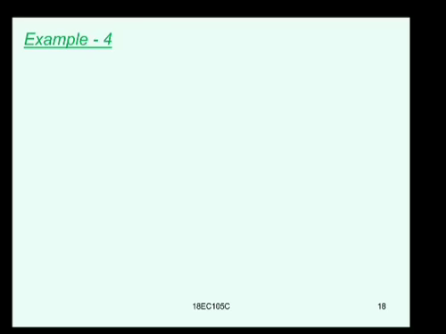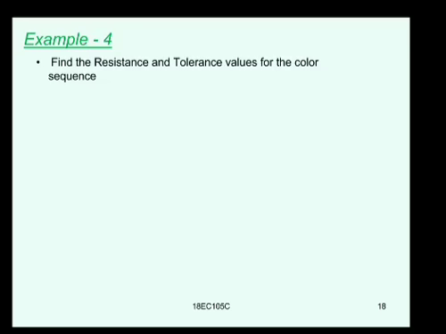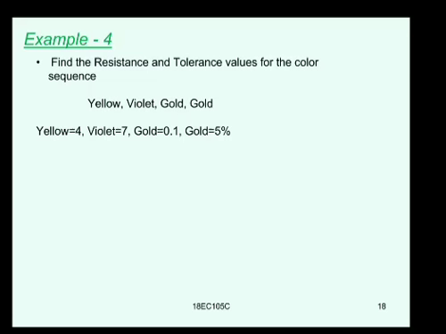Okay, now let us see another example. Find the resistance and tolerance values for the color code sequence yellow, violet, gold, and gold. Yellow is 4, violet is 7, gold is the 0.1 multiplier, and the fourth band is also gold. Here it indicates 5% tolerance.